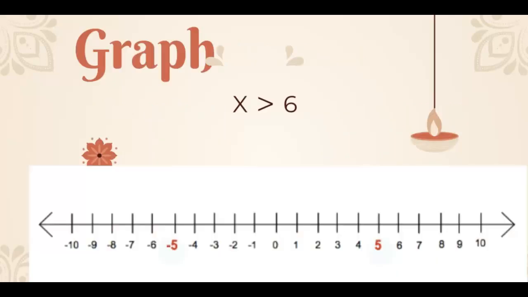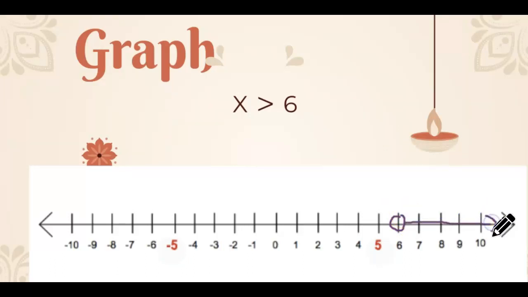Let's have the first example. X is greater than 6. With this, we start at positive 6. It's right here. And it says that X should be greater than 6, so all the X's will be on this side. So we could just do the graph here.